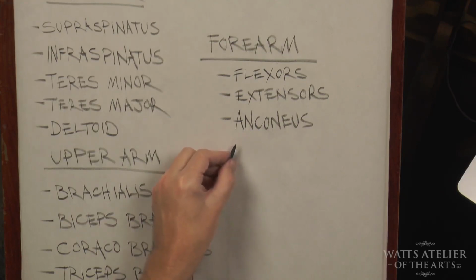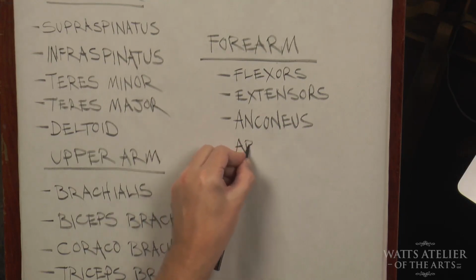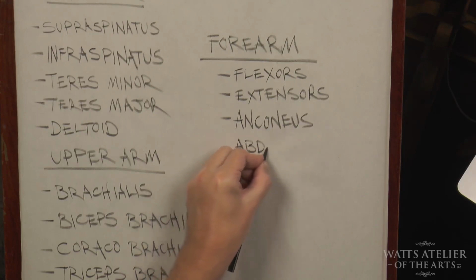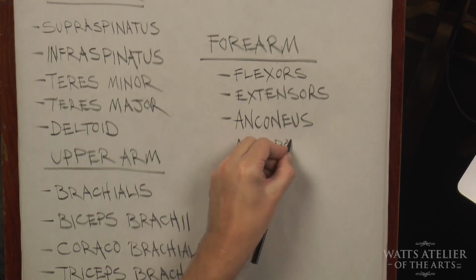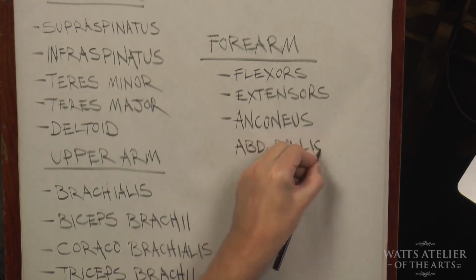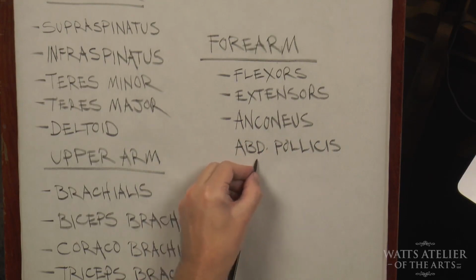And then we have abductor pollicis longus. I'm not going to spell out all of that because it doesn't fit. So we're going to go ABD for abductor, pollicis, and then we'll put longus down here.